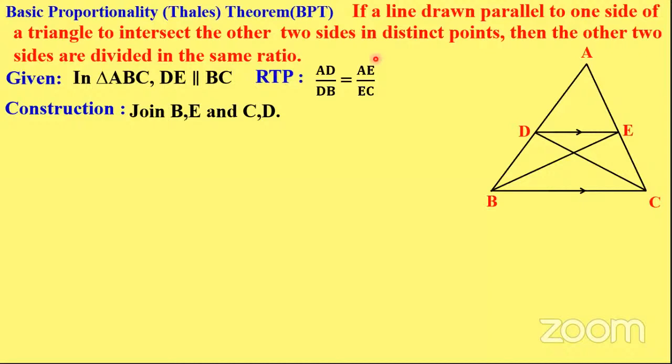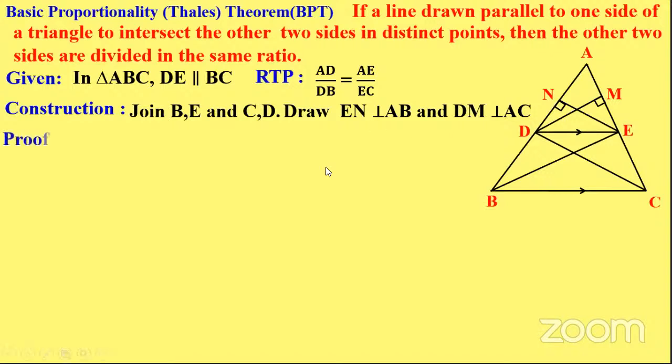So here different triangles are formed. Now draw the perpendiculars. Draw EN perpendicular to AB and DM perpendicular to AC. These are the perpendiculars. Now let us see the proof.